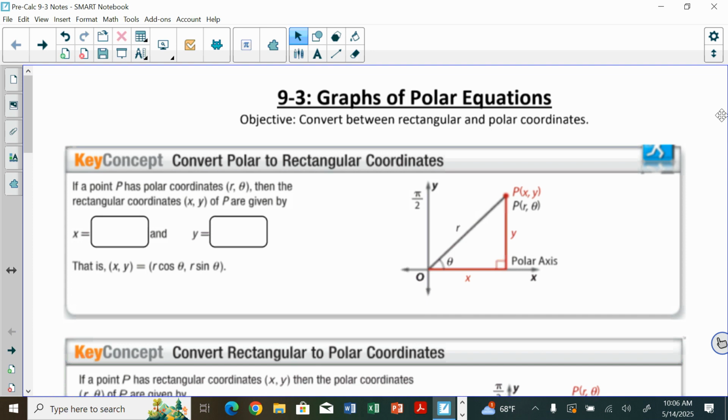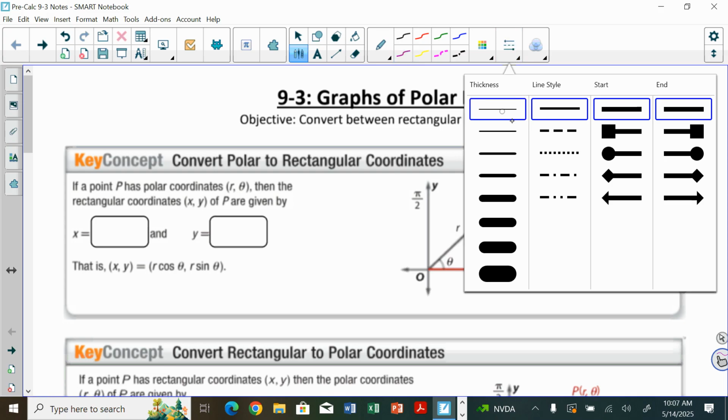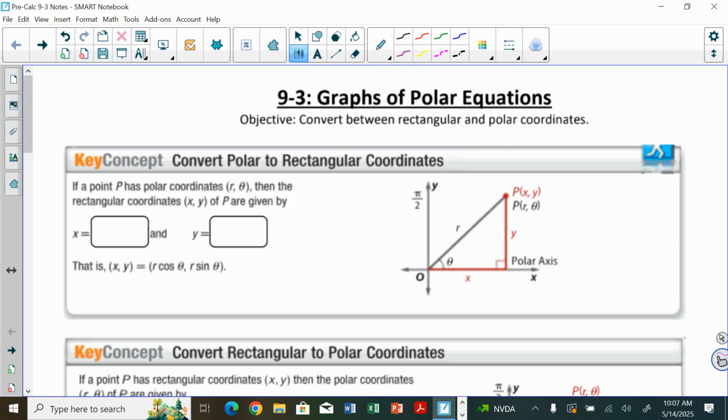Let's look first here. If we have polar coordinates r comma theta, that's how we know our polar coordinates, then we can get XY coordinates by doing this. X equals r times cosine theta, and then y would be r sine theta.